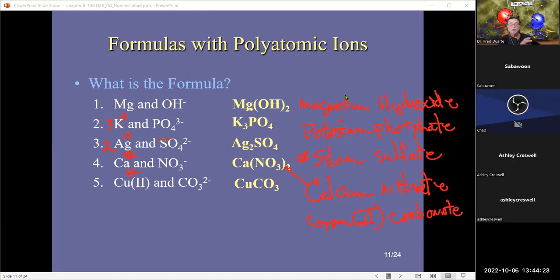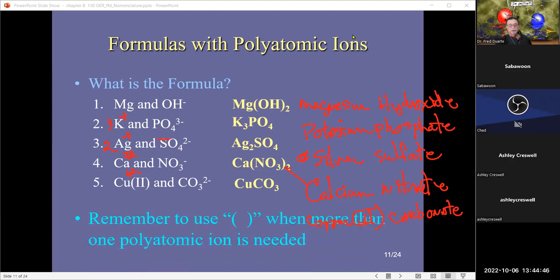Copper carbonate. Copper specifically, copper 2 carbonate. If you just write copper carbonate, that's incorrect because it could be copper 1 carbonate or it could be copper 2 carbonate. See? So you gotta use the Roman numerals to distinguish which one you're talking about. All right, then point here, remember to use parentheses when you need more than one polyatomic ion.